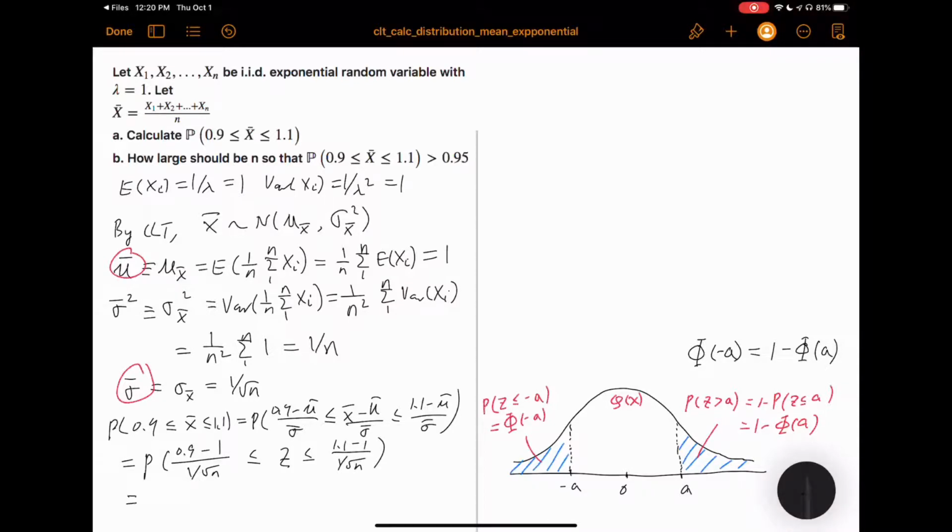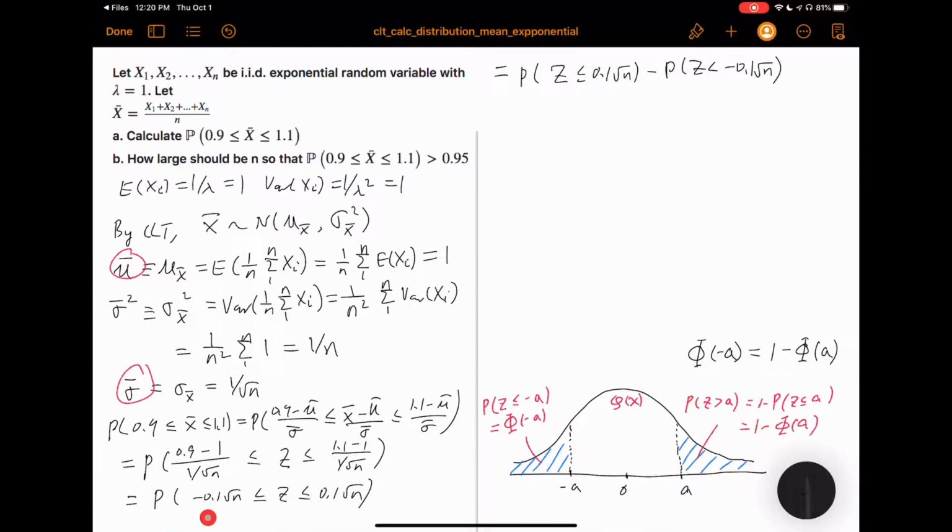So this is equal to the probability that negative 0.1 square root of n is less than or equal to Z, which is less than or equal to 0.1 square root of n. Let's calculate this item. This is equal to the probability Z is less than 0.1 square root of n, minus the probability Z is less than negative 0.1 square root of n.